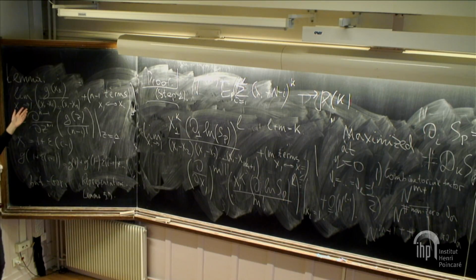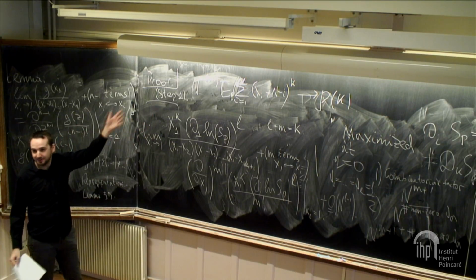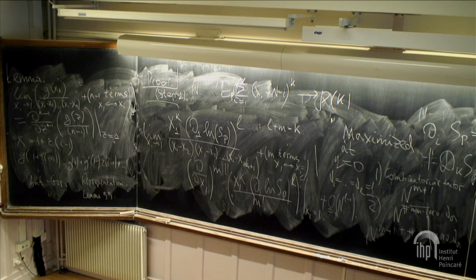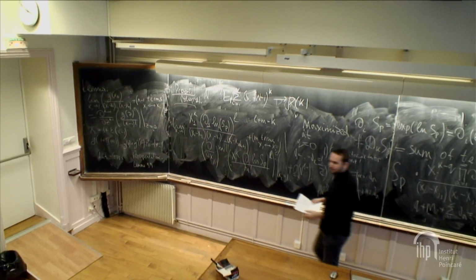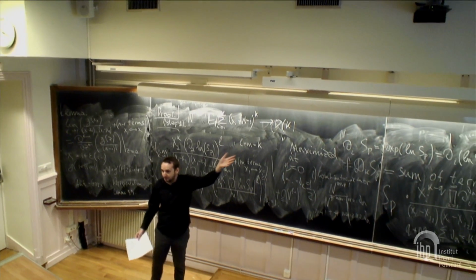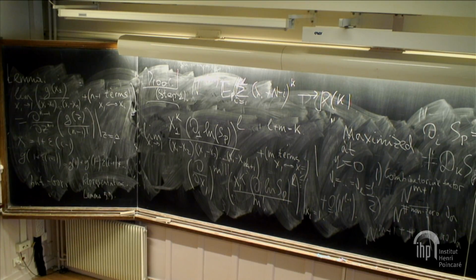Now, what are the partial derivatives of this order? Either you differentiate only with respect to the first variable, and that will be this answer, or you also differentiate with respect to some other variables. But luckily, if you differentiate with respect to some other variables, then we already know that the contribution is of lower order, and because of that, you can just ignore these. So the only terms you have to keep are those where you differentiate only with respect to the first variable, and this is precisely given by this lemma. So that's how it works.